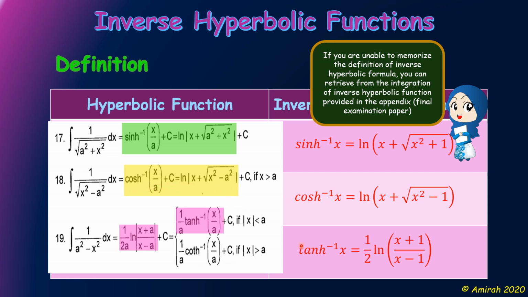And then to retrieve formula for inverse tanh x, if you are unable to memorize, we replace a by 1, so we have 1 over 2 ln x plus 1 over x minus 1, equals to 1 over 1, which is 1, inverse tanh x over 1, which is x. Okay, so you get this formula.